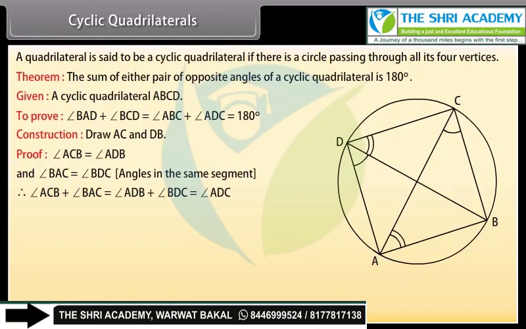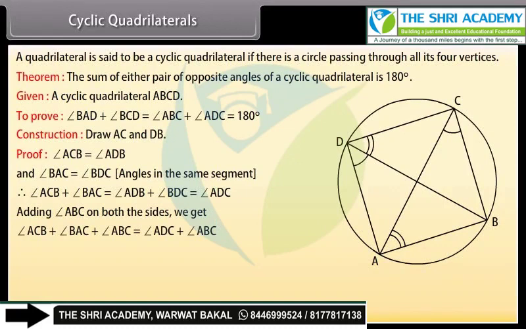Therefore, angle ACB plus angle BAC is equal to angle ADB plus angle BDC, which equals angle ADC. Adding angle ABC on both the sides, we get angle ACB plus angle BAC plus angle ABC, which is equal to angle ADC plus angle ABC.